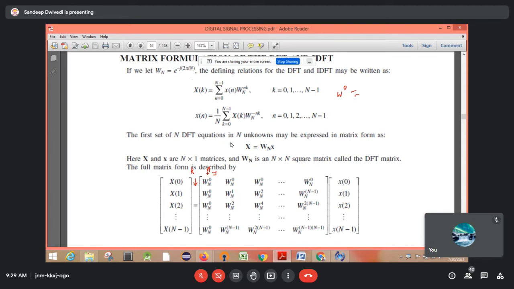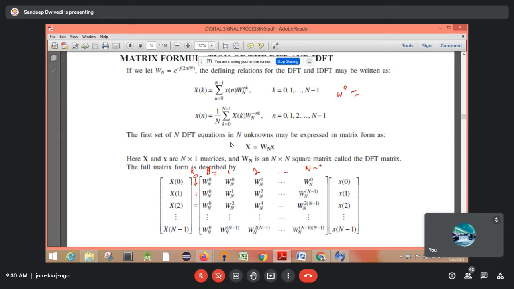For the first one, N is 0 and K is also 0. For the next element N will be 1 and K will also be 1. For the next element N and K will be 2, and so on up to N. What is the value of small n?